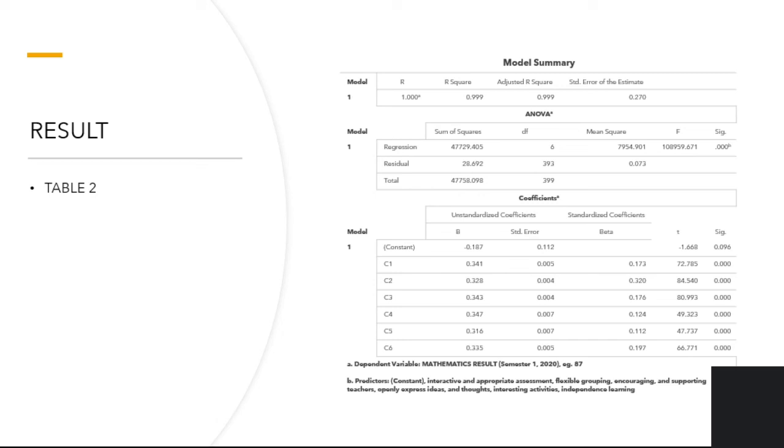So it shows that all the components of differentiated teaching have a substantial positive regression weight, suggesting that students who score higher on these scales will be predicted to perform higher on mathematics semester 1, after controlling for the other model factors.